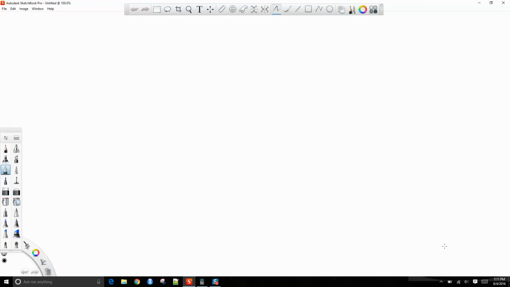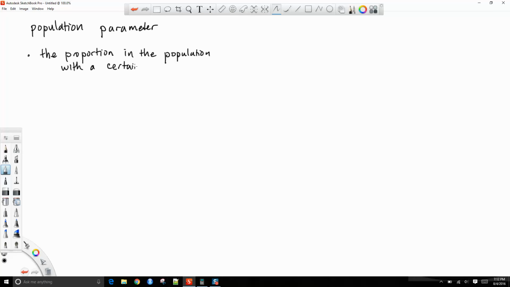Okay, and so, depending on the scenario, for categorical variables, the population parameter could be the proportion in the population with a certain trait.